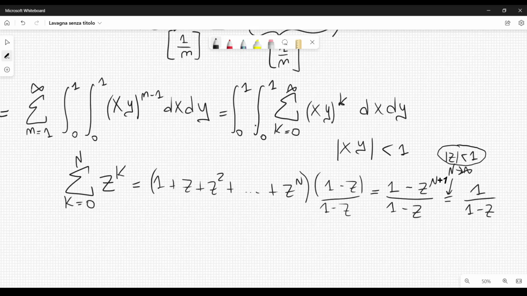So over this region in the xy plane, that's just a square whose sides are equal to 1, and almost at any point inside that region this inequality is satisfied, except when both x and y are equal to 1. So in this case, this less than sign is not satisfied completely.